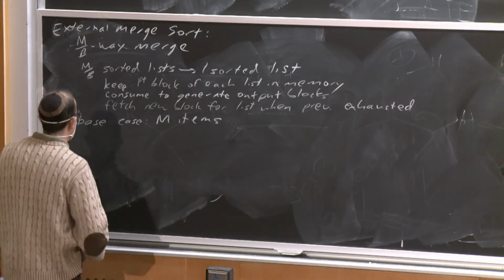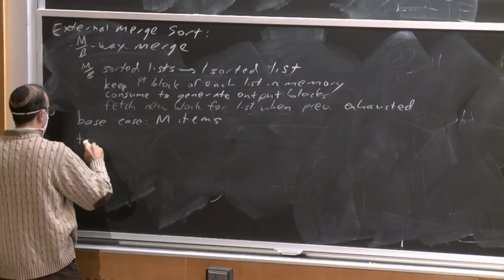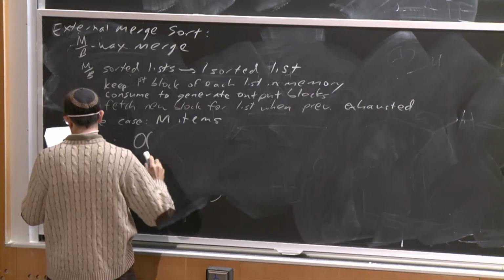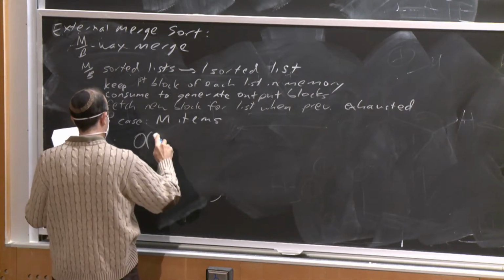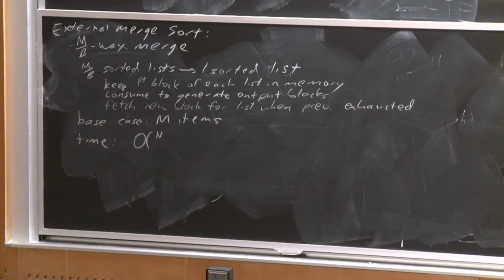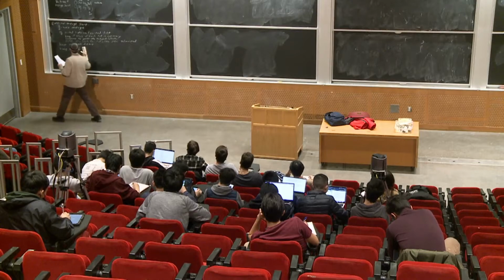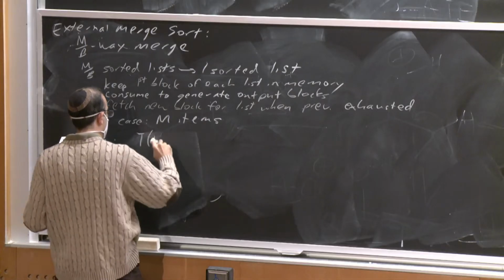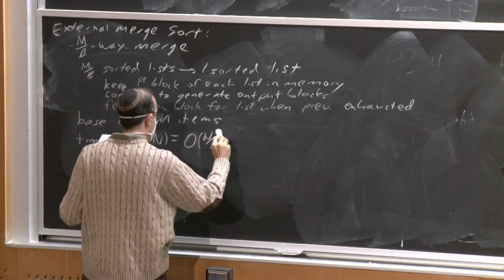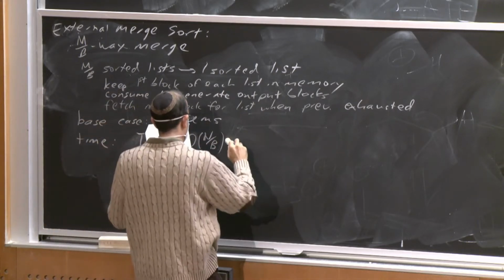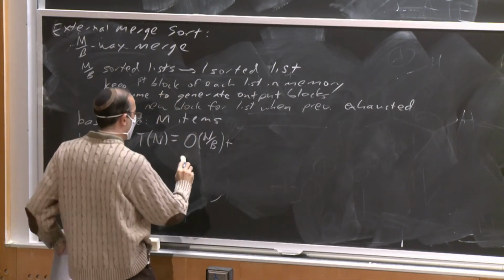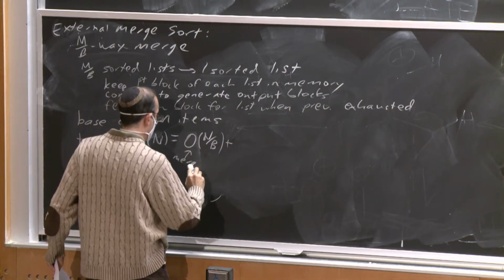Okay? So, you combine those two things, that we're working with a base case of size m items. Actually, let me write out the recurrence for you. Time to sort n items is equal to the basic scanning of those items, plus that's the merge.